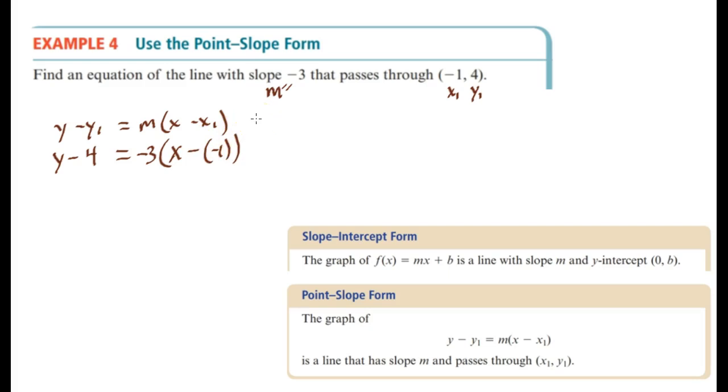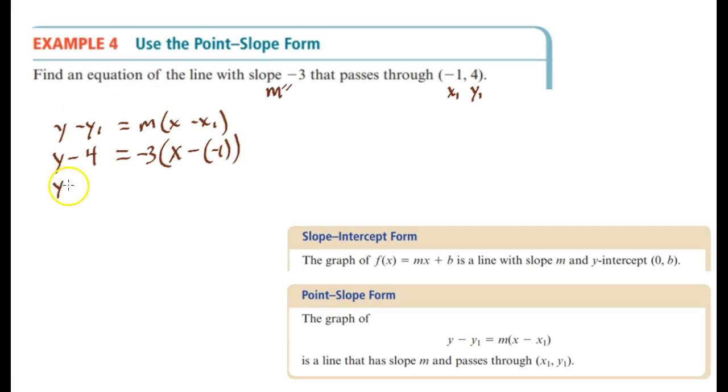Keep in mind, as I mentioned in the previous example video, that the x and the y, that's part of your formula. So you're not substituting anything into x and y. Those are your variables in your formula for your function. Okay, so at this point, we just need to simplify.